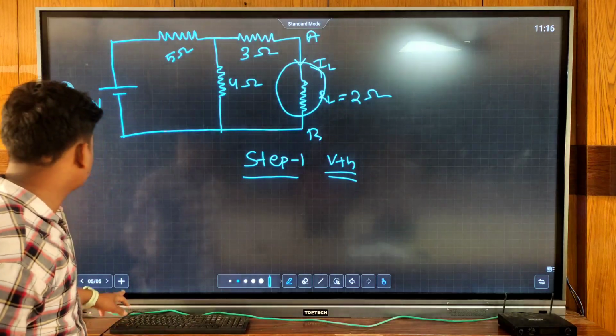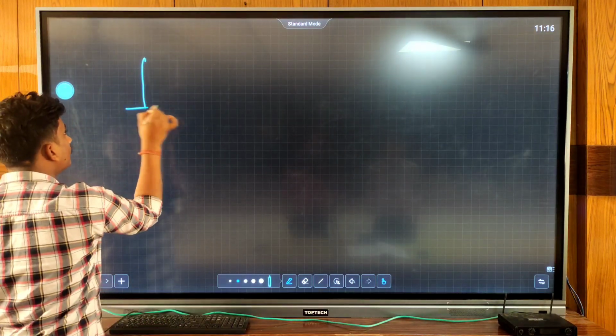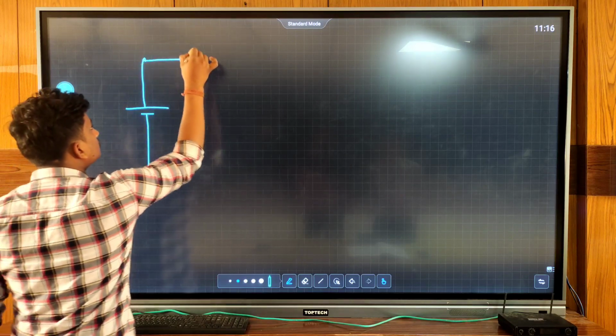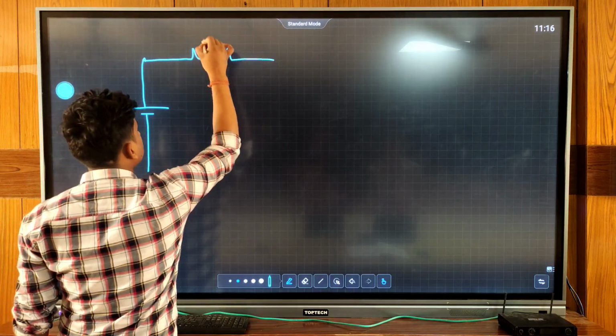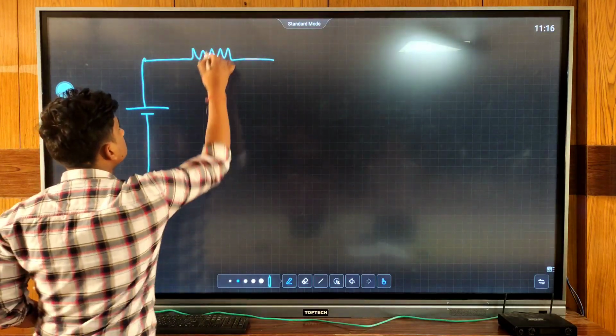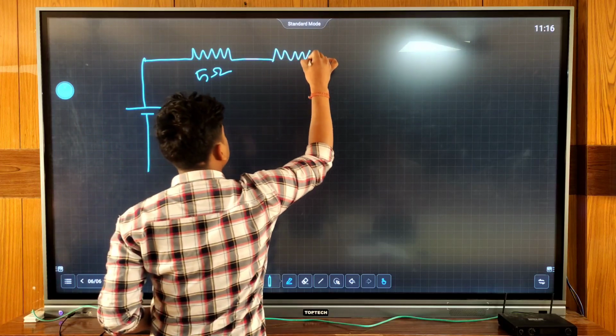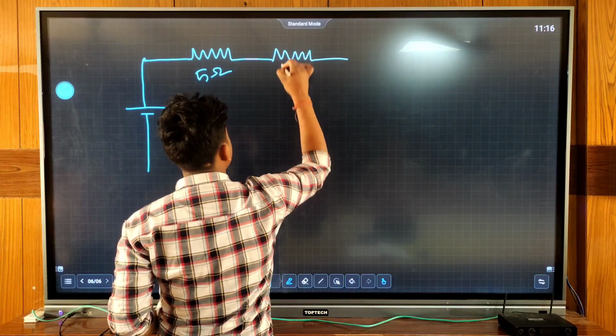So I am reconstructing the circuit. This is my 10 volt voltage source. This is my 5 ohm resistance. This is my 3 ohm resistance.